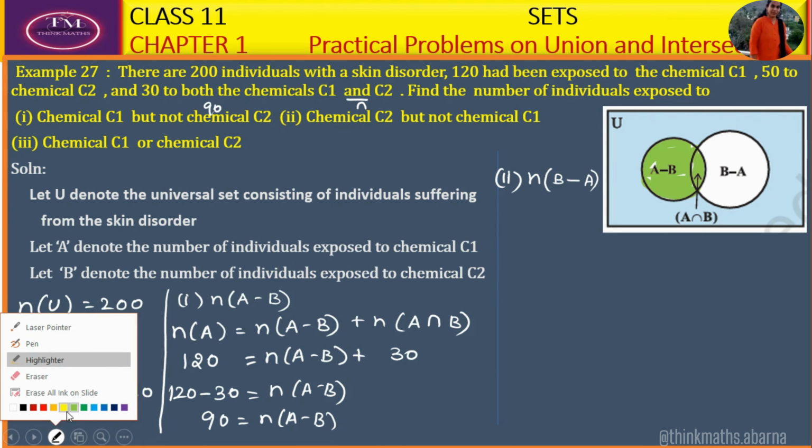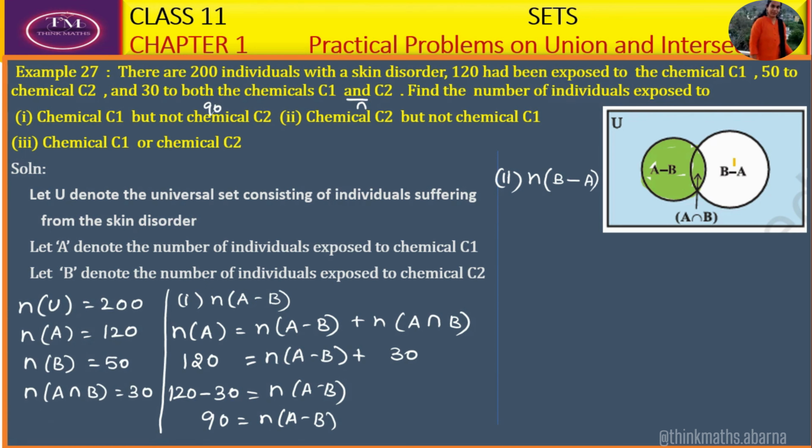Just a minute, children. So this is B. Okay, this portion is B. We know that A minus B, B minus A and A intersection B are disjoint sets. So if they are disjoint, they don't have anything in common.